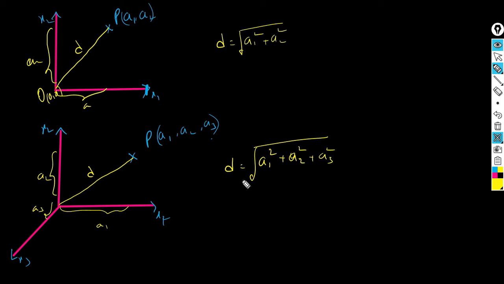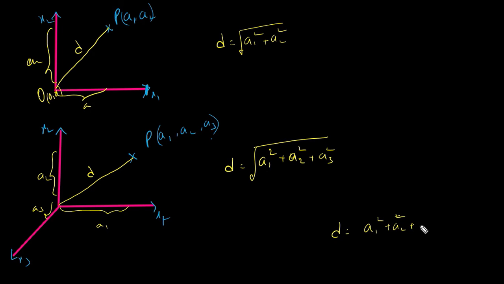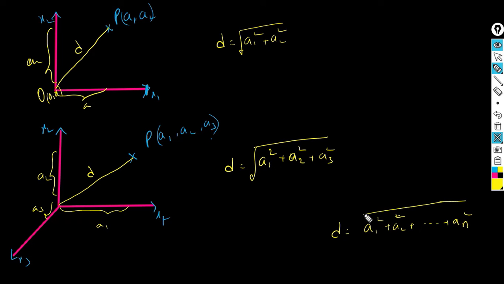Okay, by taking root we will get it. Similarly, if it is an n dimensional space, then how can we find it? Similarly a1 square plus a2 square, and so on, up to an square, and then taking the root of that one. This is the way we will get it.